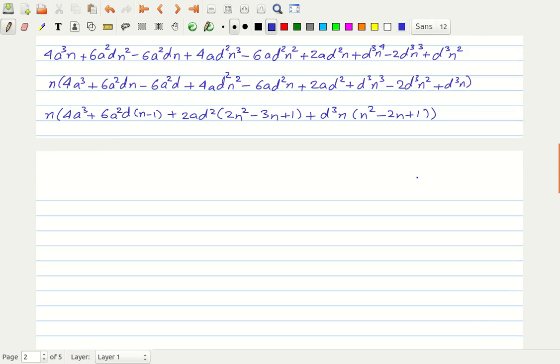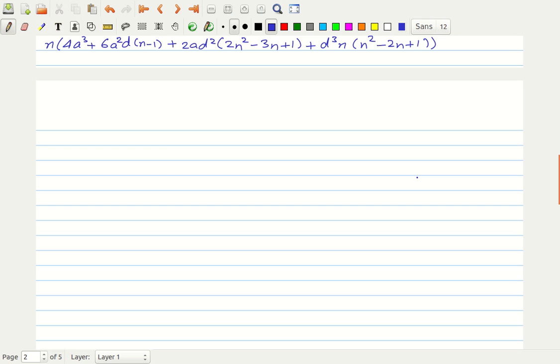and therefore I can write 4s3 is equal to n times 4a cube plus 6a square d times n minus 1 plus 2ad square, not 2n square minus 3n plus 1 can be written as 2n minus 1 times n minus 1.